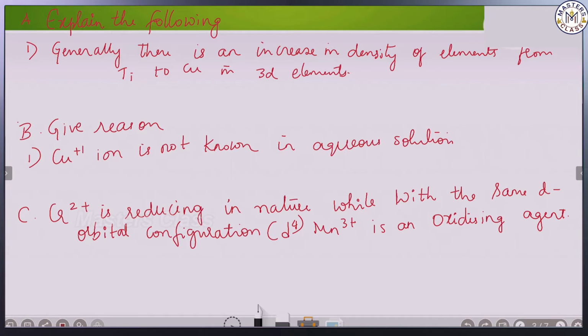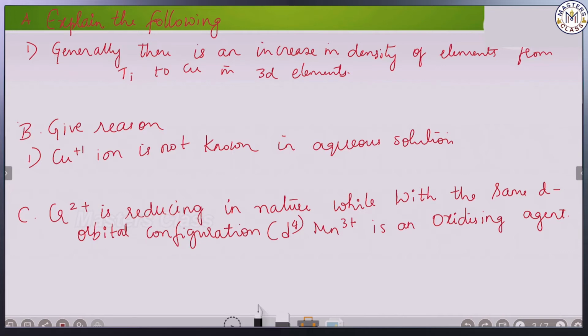Next, explain the following: generally, there is an increase in density of elements from titanium to copper in the 3d elements. That is a question about the first transition series. From titanium to copper, the atomic size decreases. When atomic size decreases, obviously the density will be more, because in a given volume more atoms can be added.